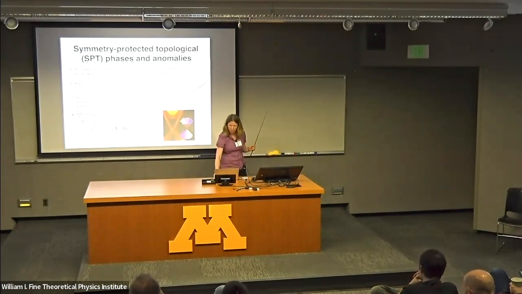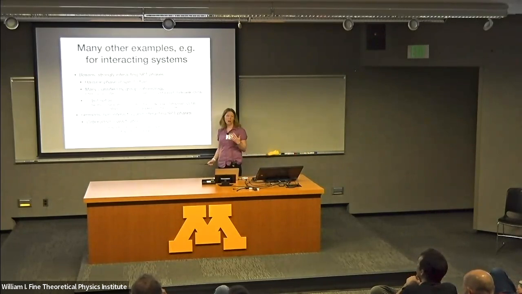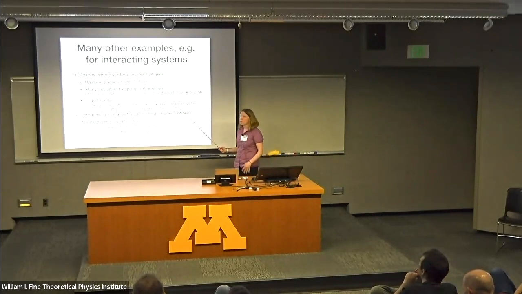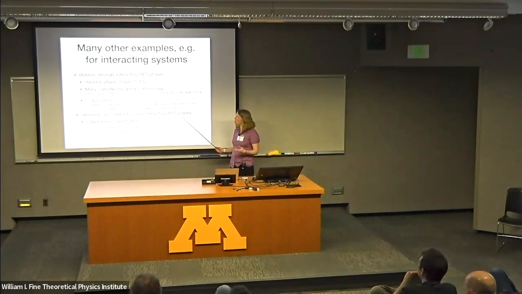Okay. And so I should say, this is a long story. I've sketched a couple of examples of a very big family of things that we know about. We now have a lot of different examples of phases of matter that we can understand are distinct from each other on the basis of this anomaly thinking.